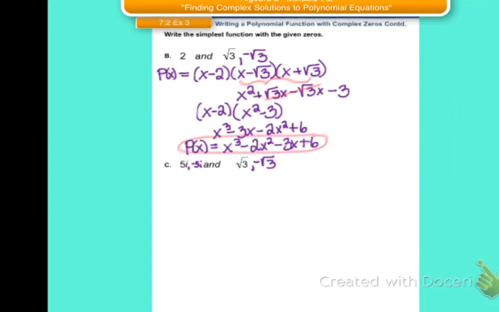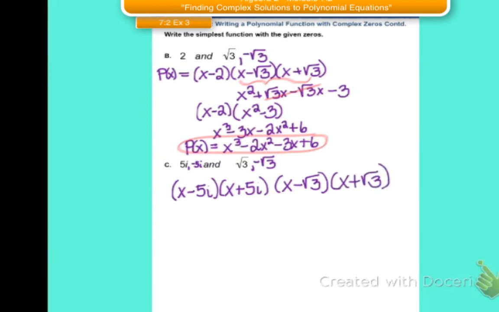And since C seems to be the most complicated of all, we'll go ahead and do this one together as well. So the two binomial factors that come from 5i and negative 5i would be x minus 5i and x plus 5i. And then with the two radical solutions, those would be x minus square root of 3 and x plus the square root of 3.